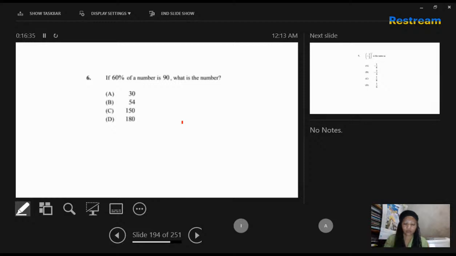Okay, number 6. If 60% of a number is 90, what is the number? So it would be 60% of x equals 90.